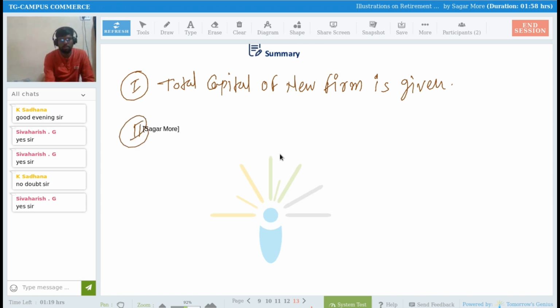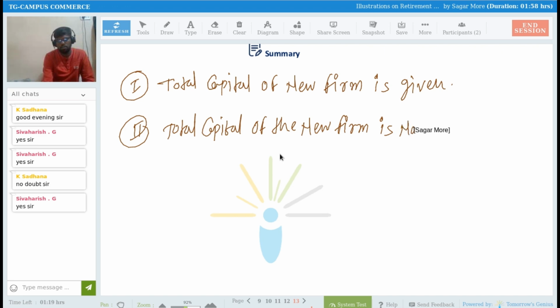So second, total capital of the new firm is not given, right? If the total capital of the new firm is not given, then what do we have to do?